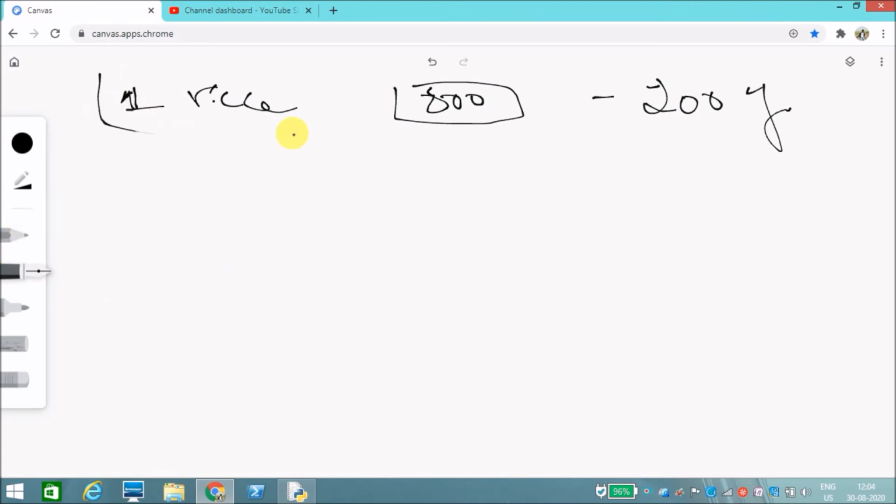Actually you want to sell 1 kg of rice, but you sold 800 grams due to fault weight and you got 200 grams profit. Then how can we find the profit?